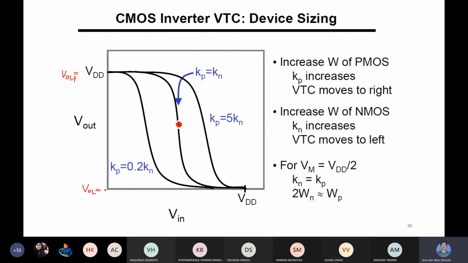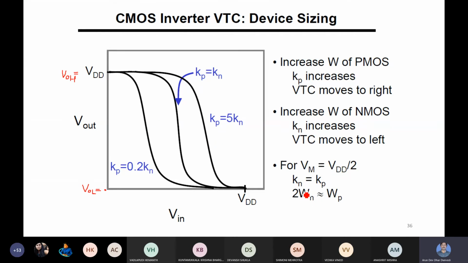For Kn equal to Kp, these are the conditions. For Kn equal to Kp, the threshold voltage of the circuit comes, meaning if Vin equal to Vout, if you plot, it cuts at the mid of the plot, and we get that threshold Vm, or we can say Vth. Vth of the circuit is coming just like VDD by 2, half of the maximum supply.